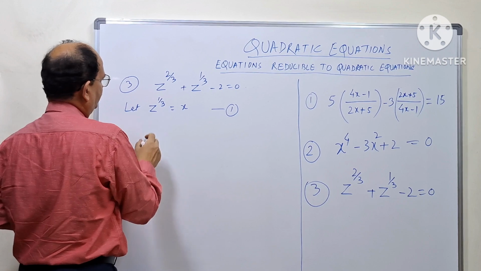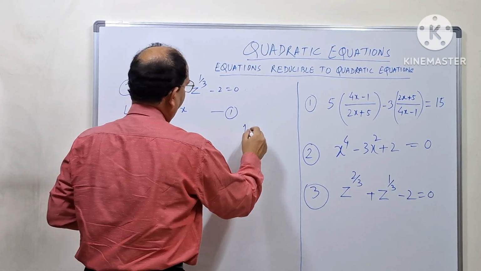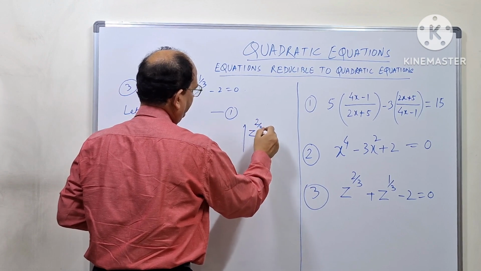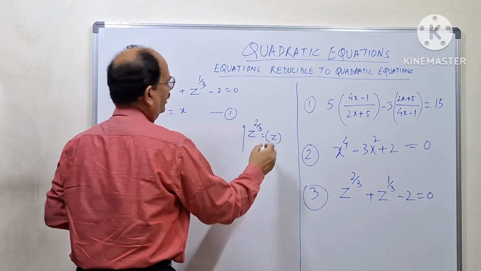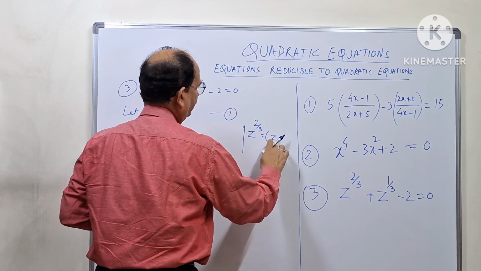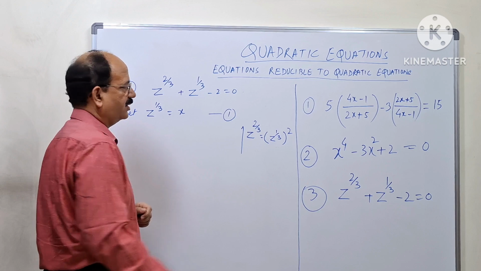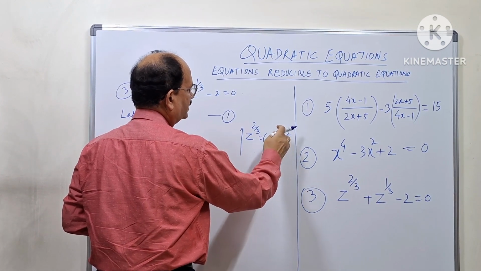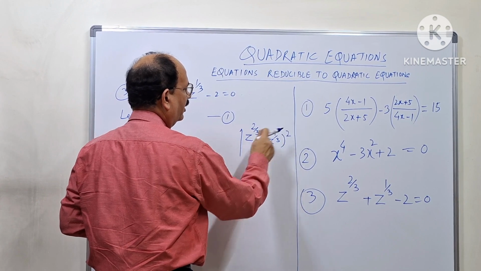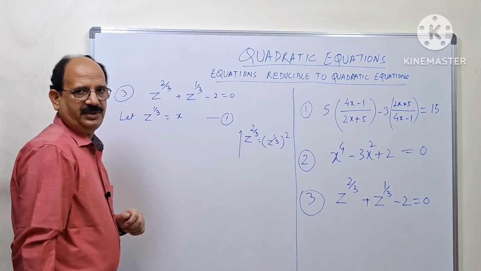Understand that z to the power 2 by 3 can be written as z to the power 1 by 3 whole square, because z to the power m raised to the power n will be z to the power m into n, which will be 2 into 1 by 3, that is equal to 2 upon 3.